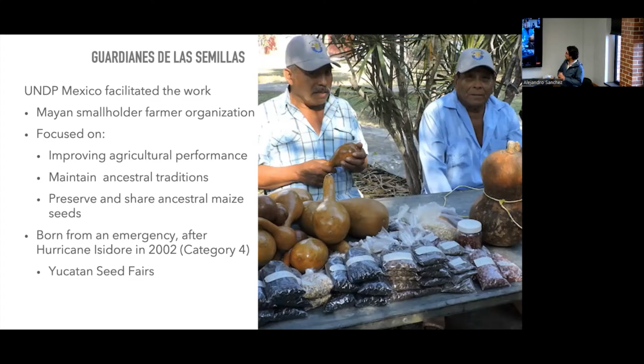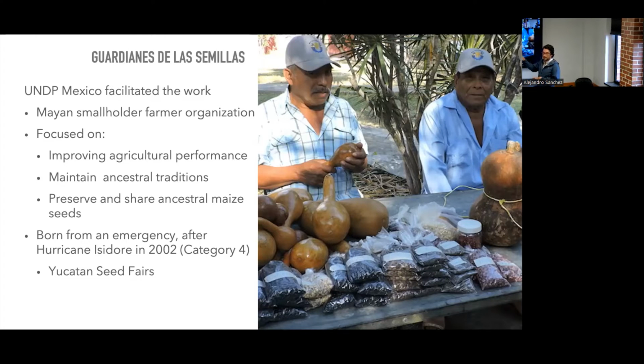It didn't only destroy the crops, they lost all the seeds. So they didn't have anything to harvest, and they didn't have seeds to recover the crops. It was very, very disruptive.